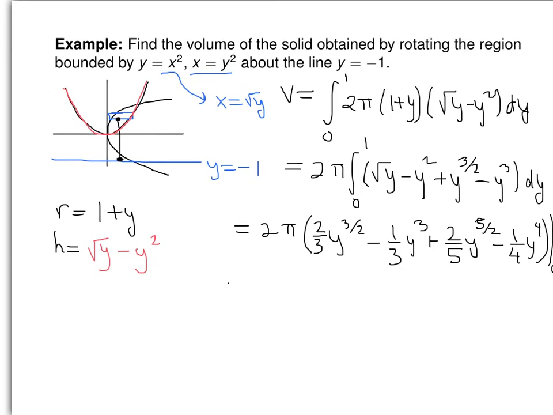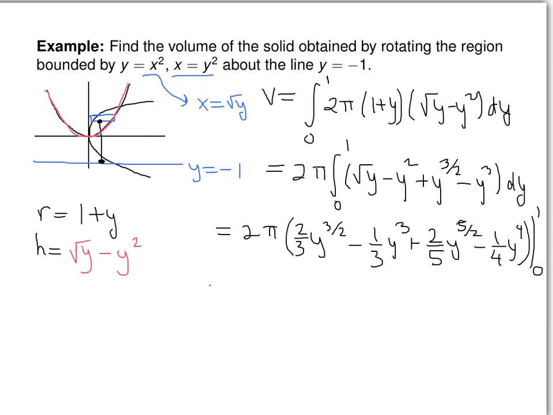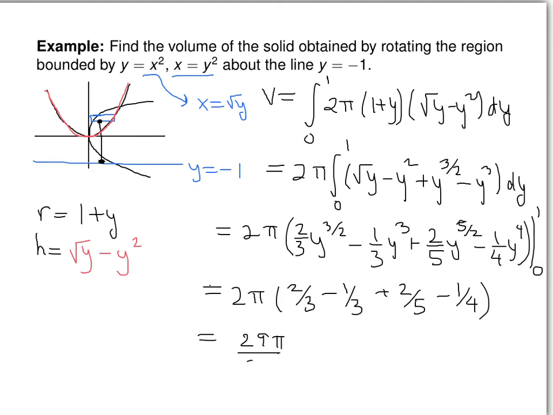Now we input 1, and we have 2 pi times (2/3 minus 1/3 plus 2/5 minus 1/4), and you end up with 29 pi over 30.